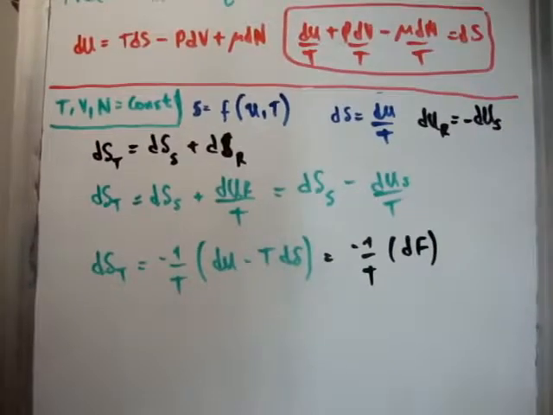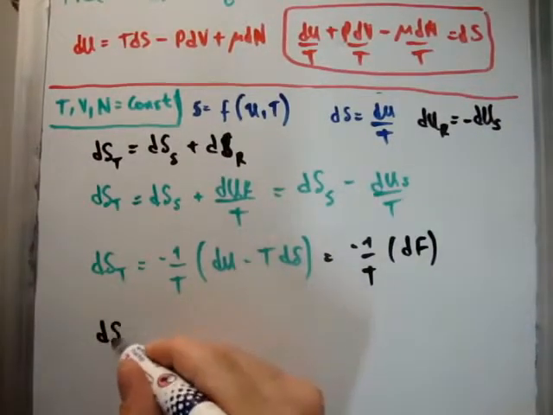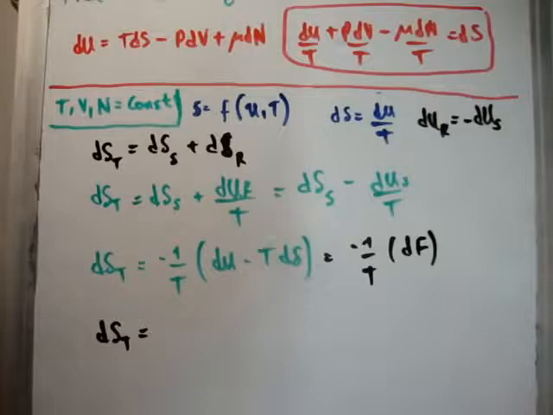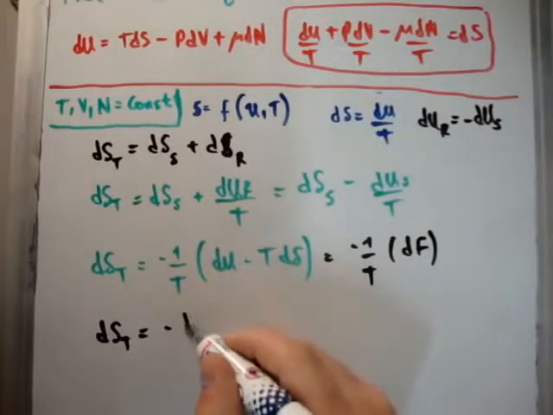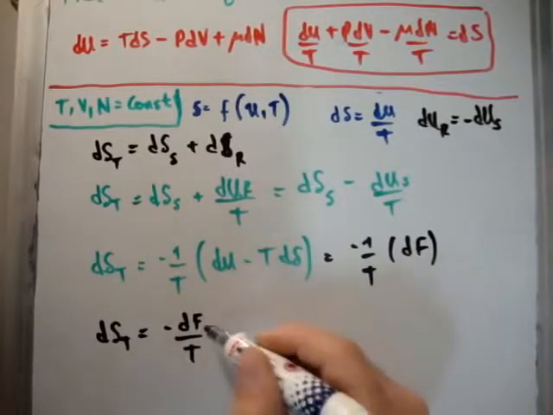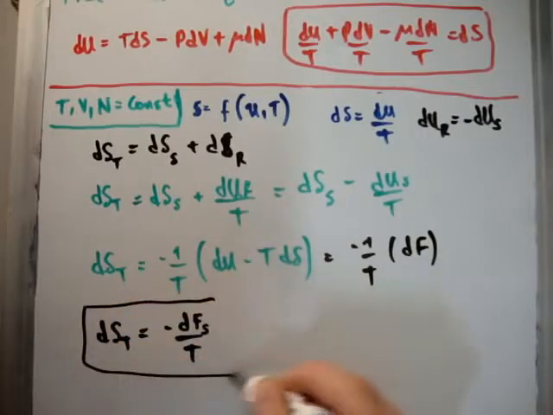So the point is this is the conclusion, that dS, the total change in the universe's entropy, is minus dF over T, where dF is of the system.